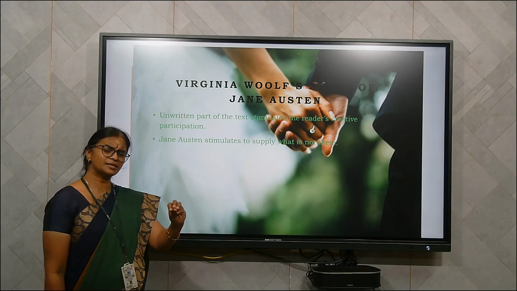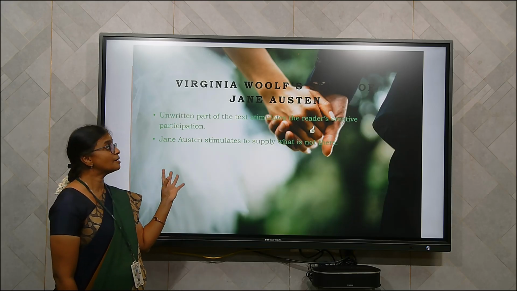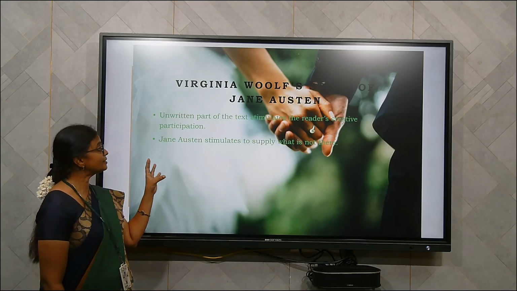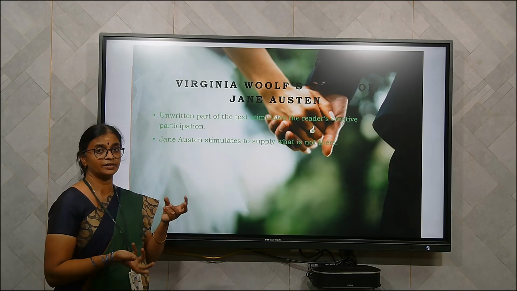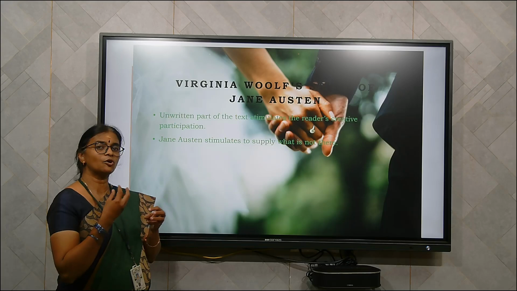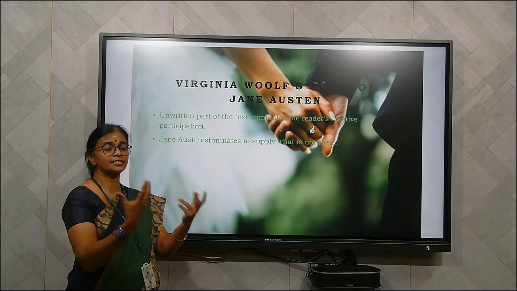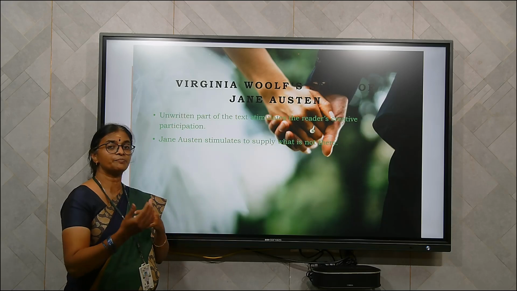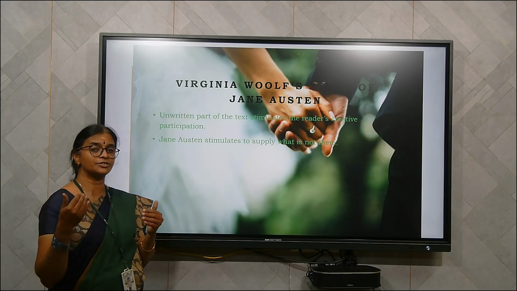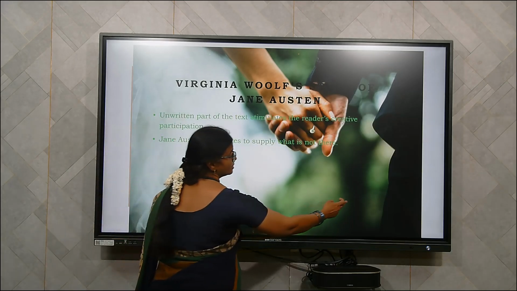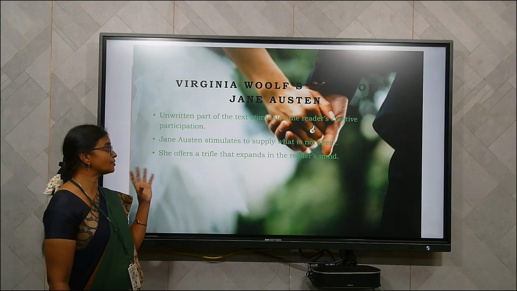It is a very simple theme that she has played all over, but we can see that Jane Austen stimulates the response of the readers by giving normal kinds of themes. She is not explicitly saying whatever happens; she makes people guess the responses, scene after scene, and she stimulates the readers to enact a lot from their response.